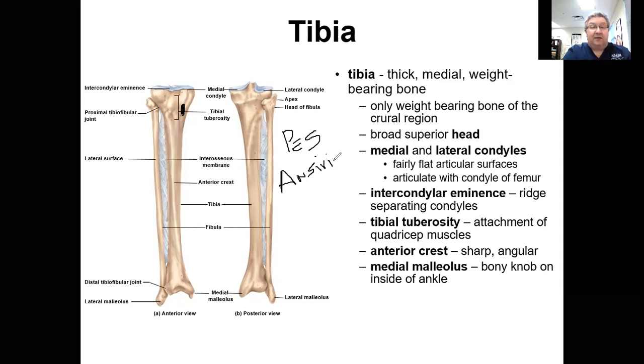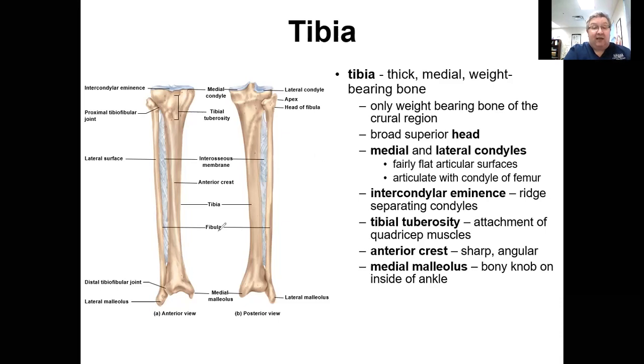I'm not going to put it on your test until kinesiology, but it's on the anterior medial side of the tibia. And there are three important muscles that attach to the pes anserine. We have the gracilis muscle, the sartorius muscle, and the semitendinosus of the hamstrings. All three of those muscles insert into the pes anserine. So just keep in the back of your mind, there's this attachment point that is really important on the tibia.